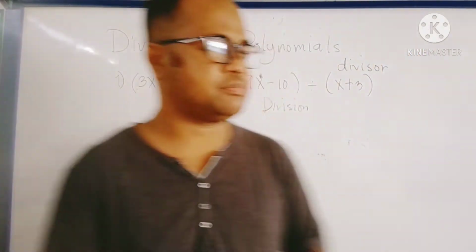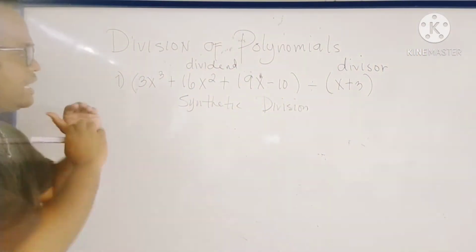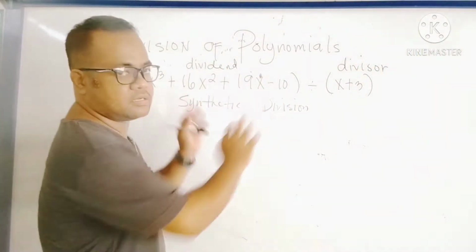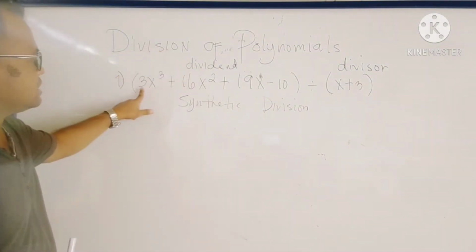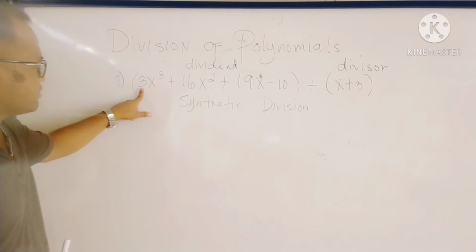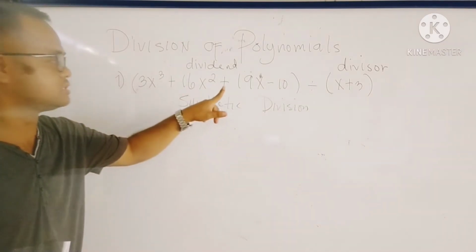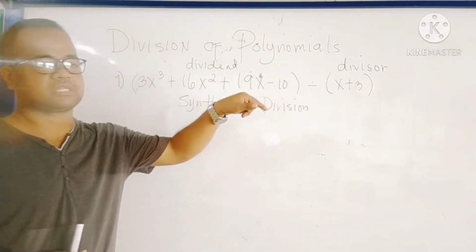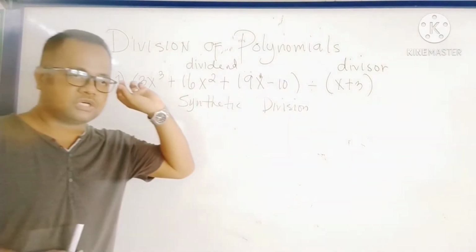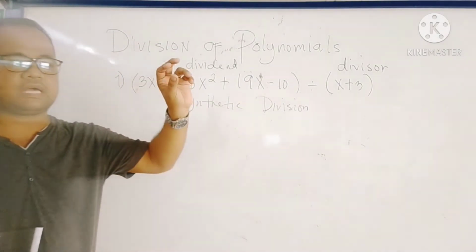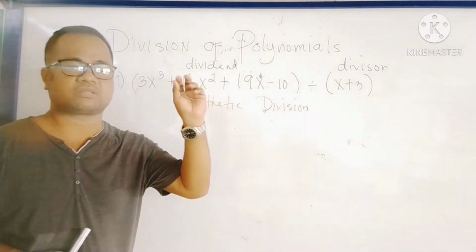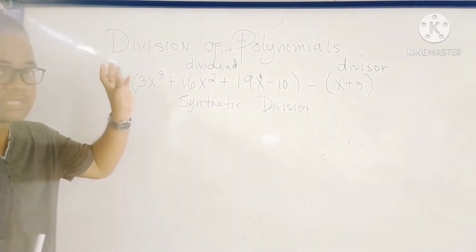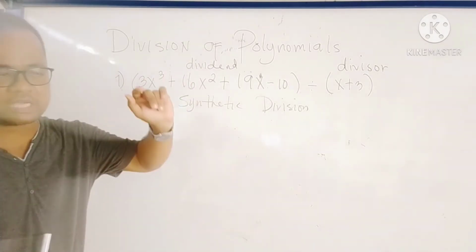So first, you have to identify or analyze the given. So the given here is your dividend, 3x cubed plus 16x squared plus 19x minus 10. Okay, so you look at the given dividend if there is a missing term. So tingnan natin yung exponent. May nawawala ba sa exponent?